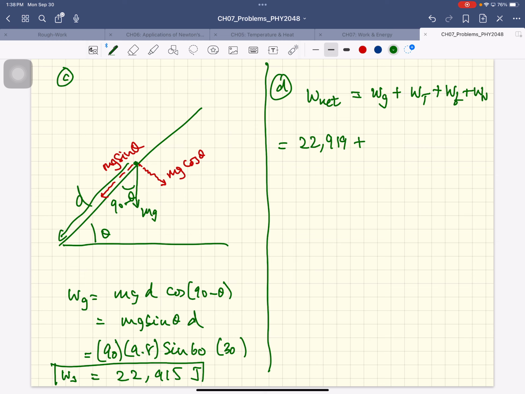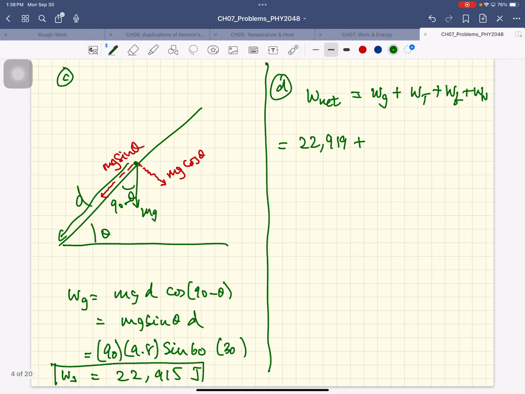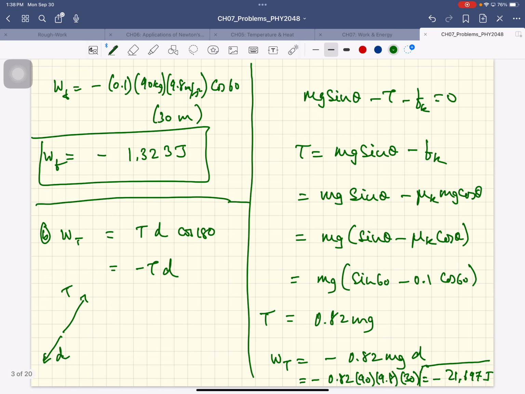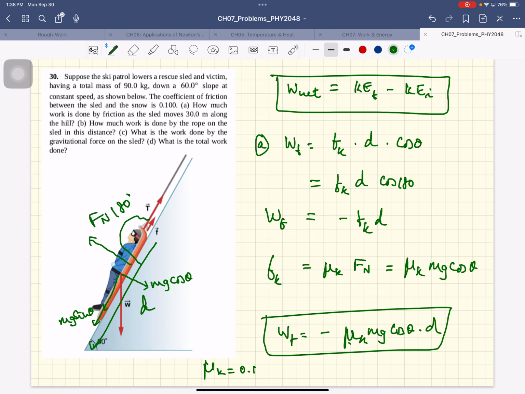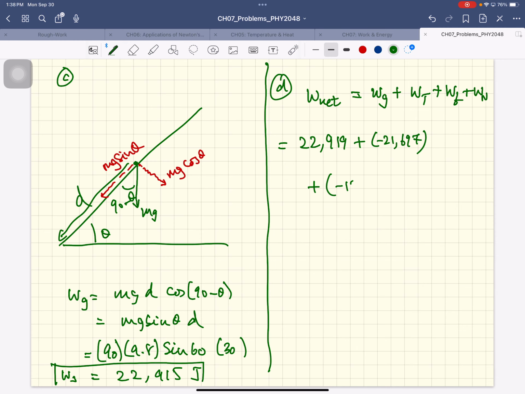Work done by tension is negative 21,697. Work done by friction is negative 1,323. And work done by normal force is 0. Okay, and this should all add up to 0.